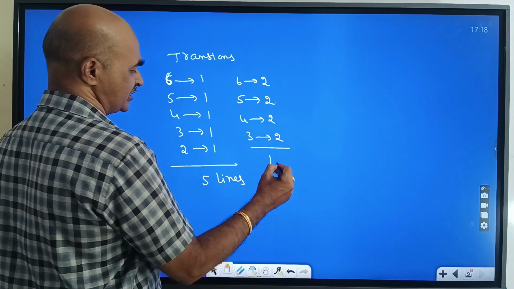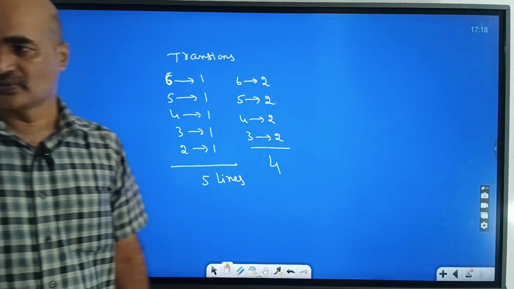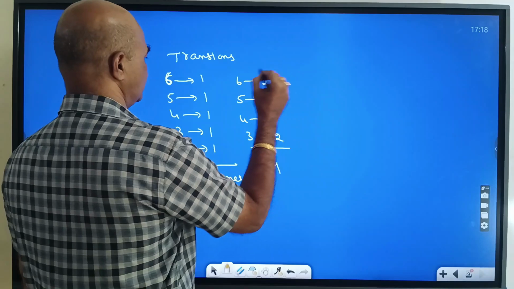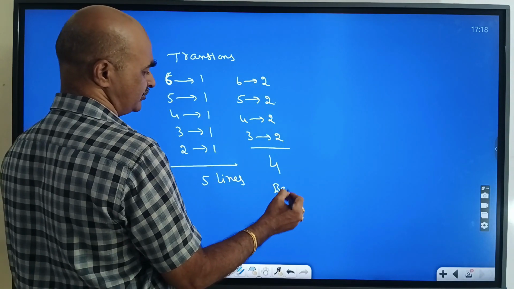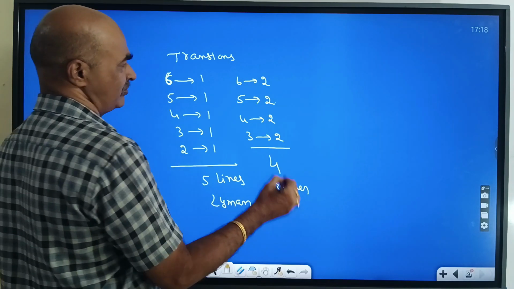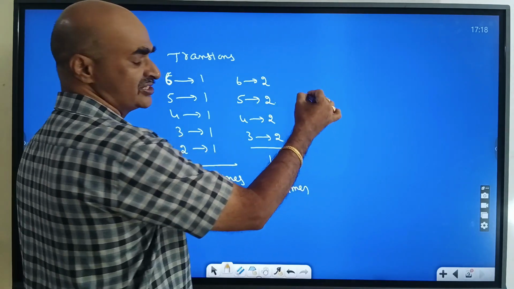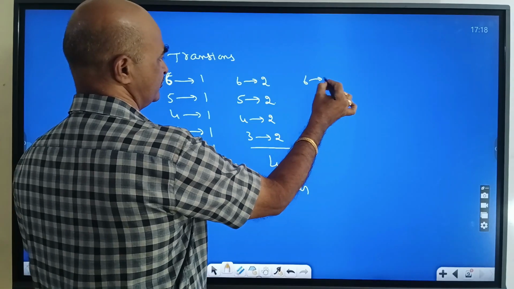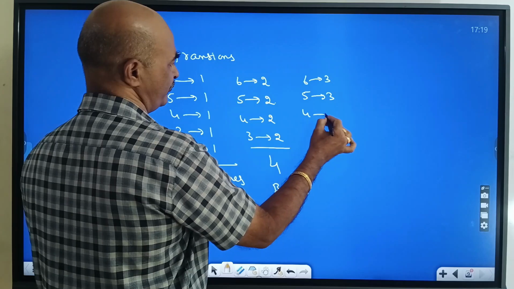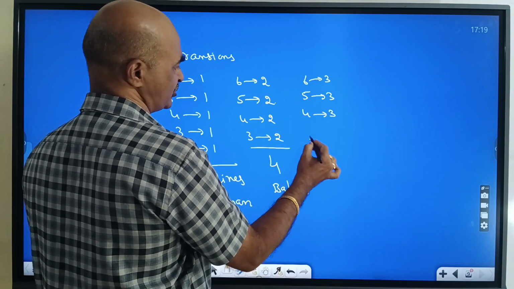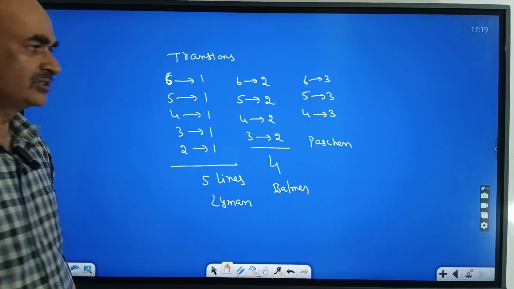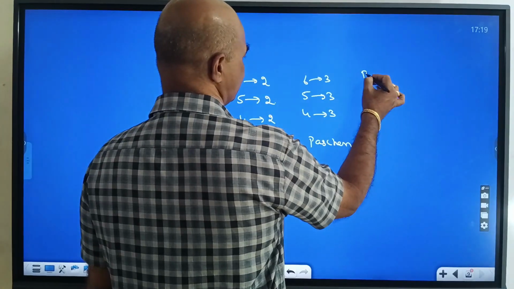This is the Lyman series, this is the Balmer series, and this is the Paschen series: 6 to 3, 5 to 3, 4 to 3. Next, the Brackett series.